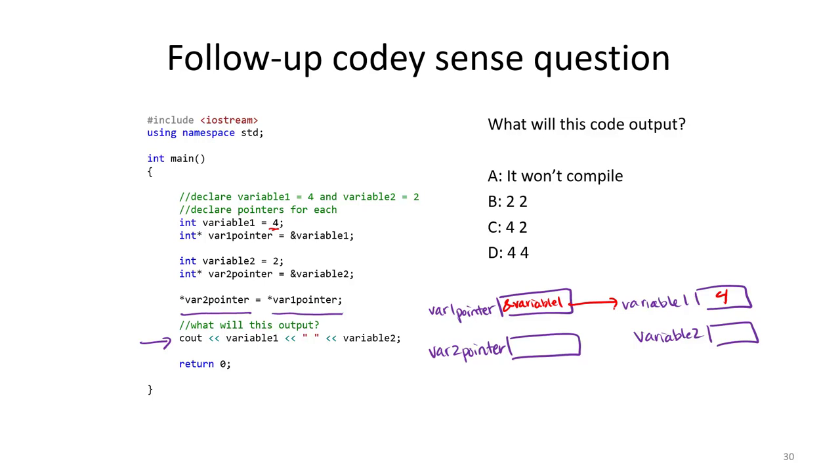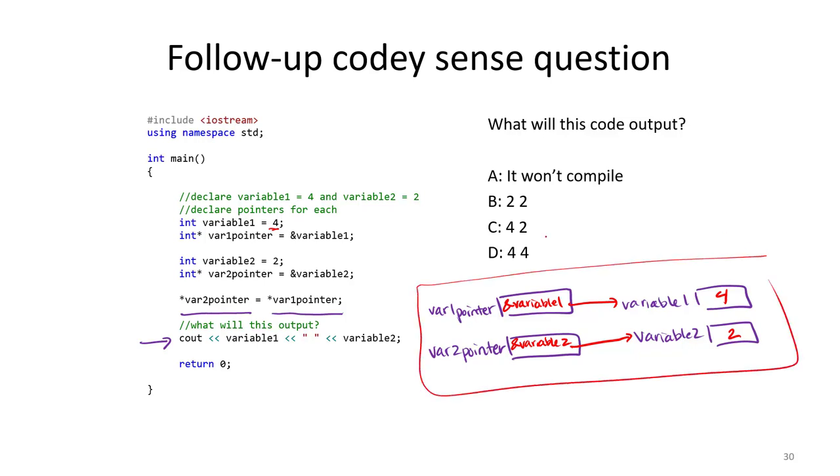Similarly, variable 2 is assigned the value 2, and variable 2 pointer is made to point at variable 2. So this is our initial condition. What is going to happen here?